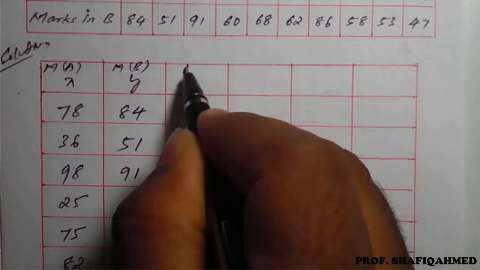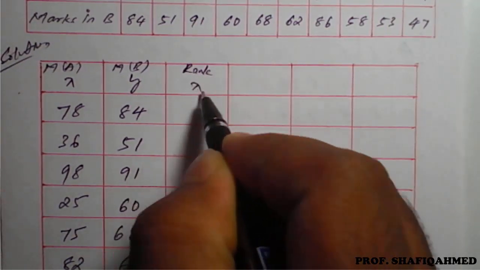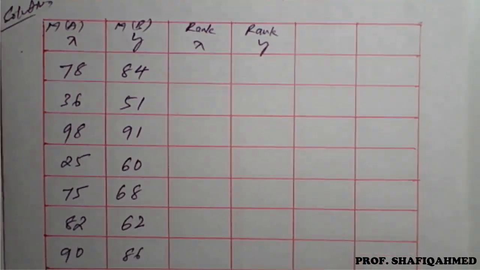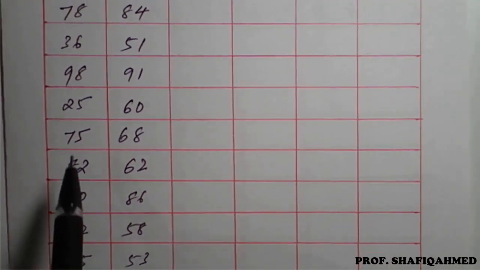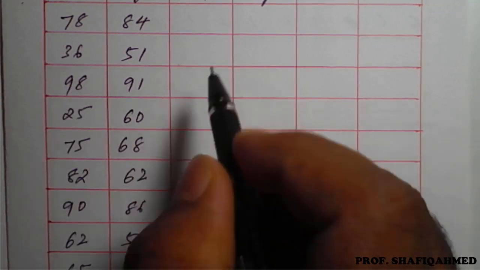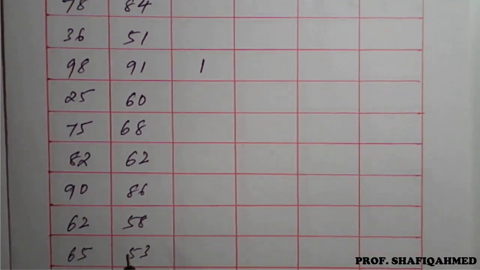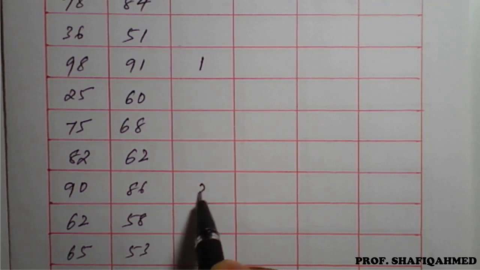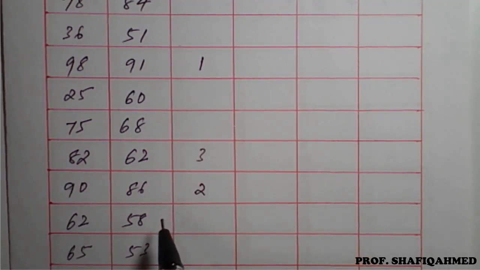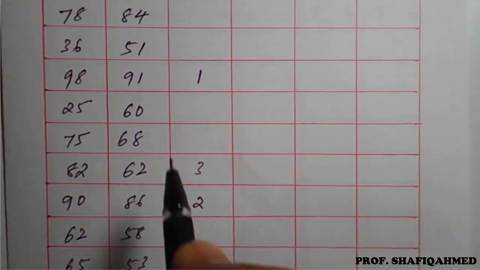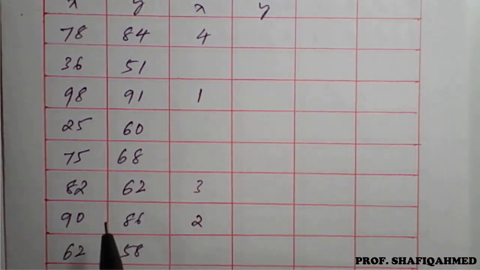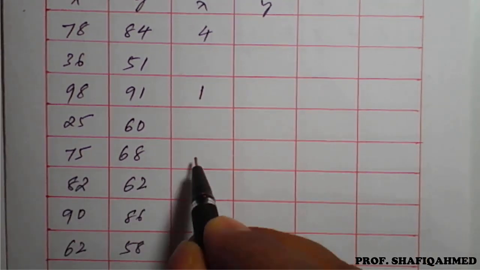So I will take rank of X and rank of Y. Rank of X means highest value. The highest value in the marks X, that is A, is 98, so I will give rank 1. Next is 90 marks, rank 2. Next is 82, rank 3. Then 78, rank 4. Then 75 is rank 5.